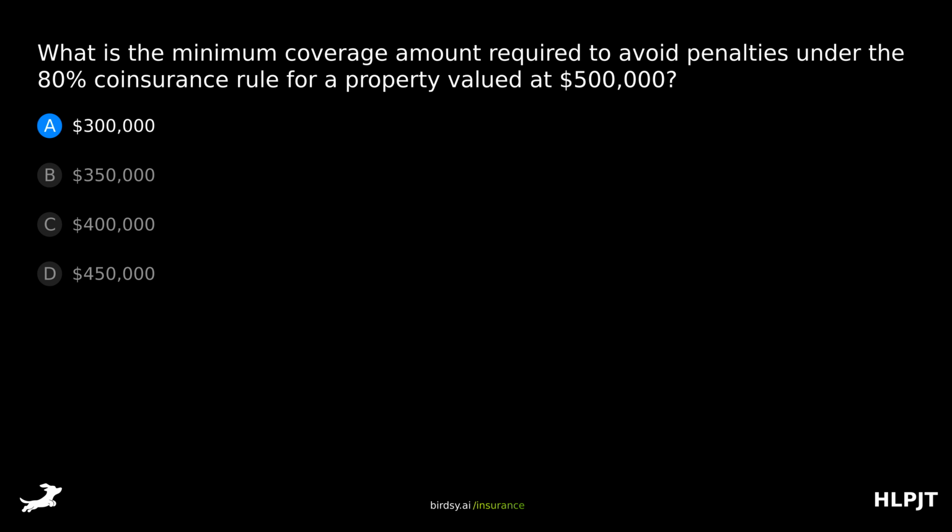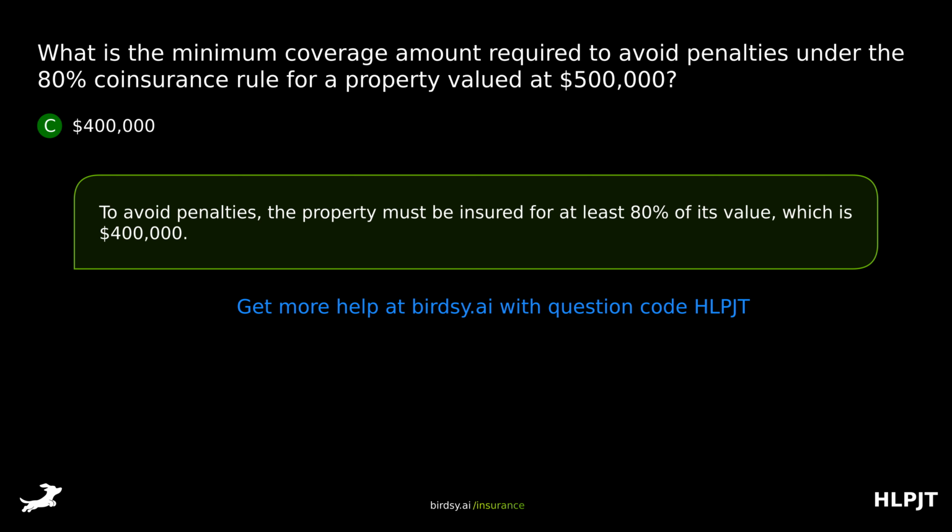Is it A, $300,000, B, $350,000, C, $400,000, or D, $450,000? The answer is C, $400,000. To avoid penalties, the property must be insured for at least 80% of its value, which is $400,000.